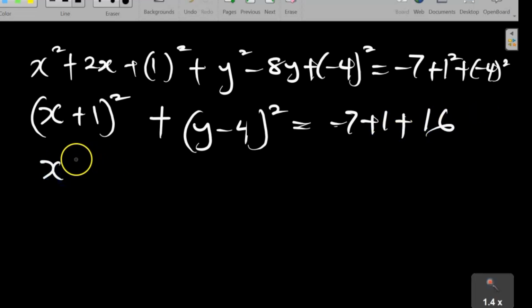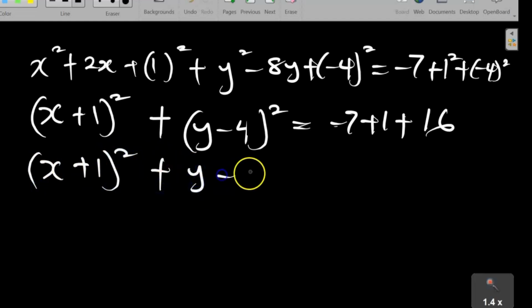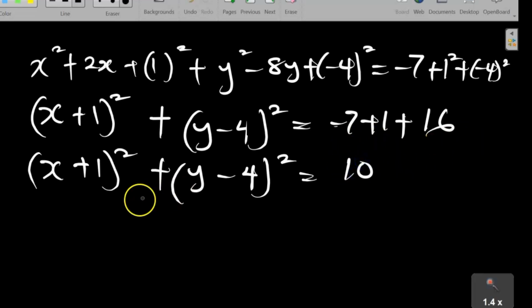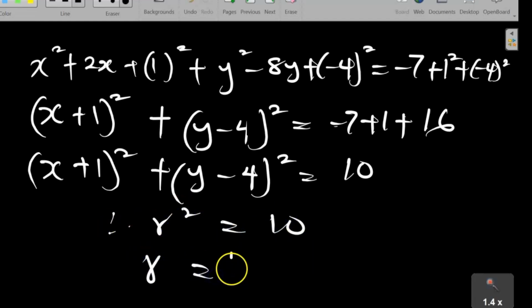So I have (x plus 1) all squared plus (y minus 4) all squared to give minus 7 plus 1 is minus 6. Minus 6 plus 16 is 10. Therefore, r² is equal to 10. So r is the square root of 10.